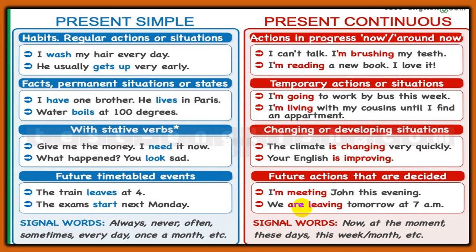I'm meeting John this evening. We are leaving tomorrow at 7 a.m. We form the present continuous tense when we see its keywords, just like now, at the moment, these days, this week, or this month, etc.